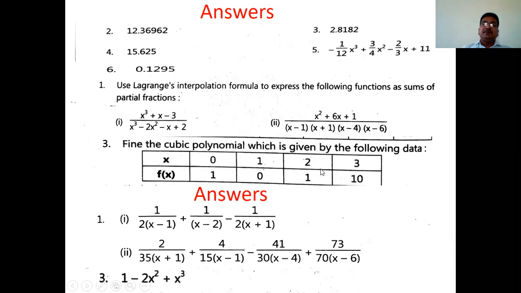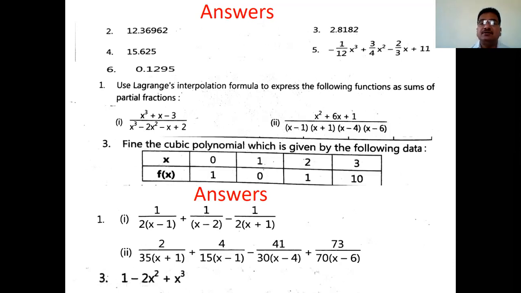The next chapter of our syllabus is fitting of polynomial. In that chapter, we can find the polynomials which fit the data by using the least square method. We can also find the polynomials which fit the data by using Newton's forward, Newton's backward, and Lagrange's interpolation formula.